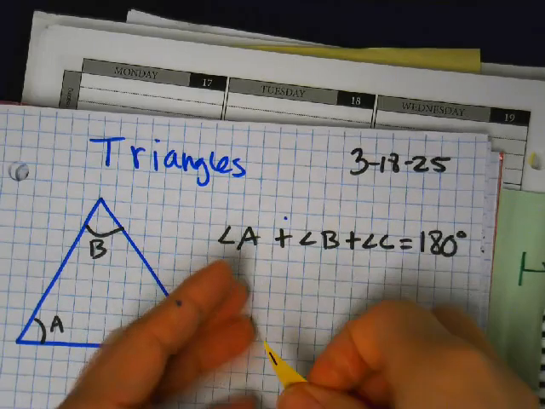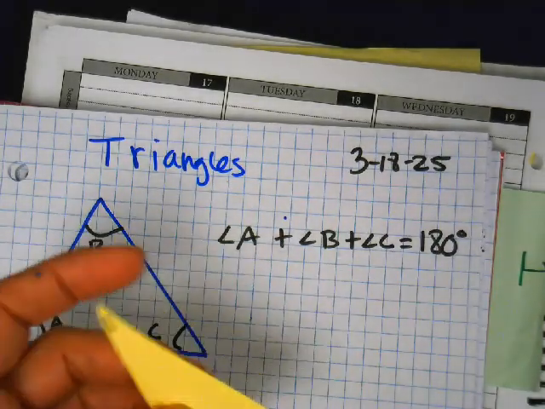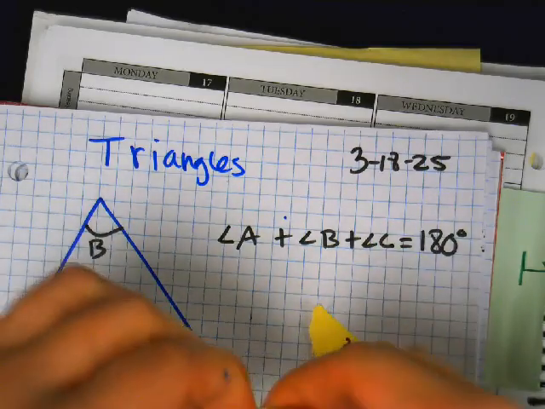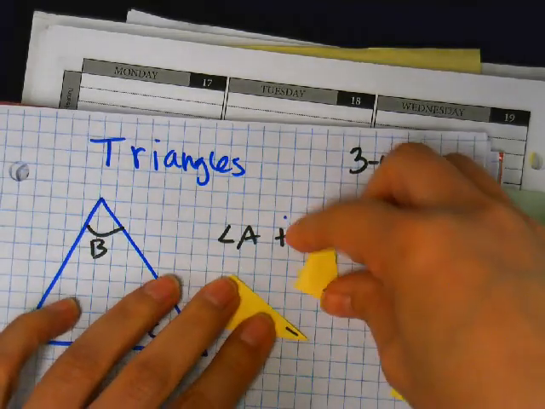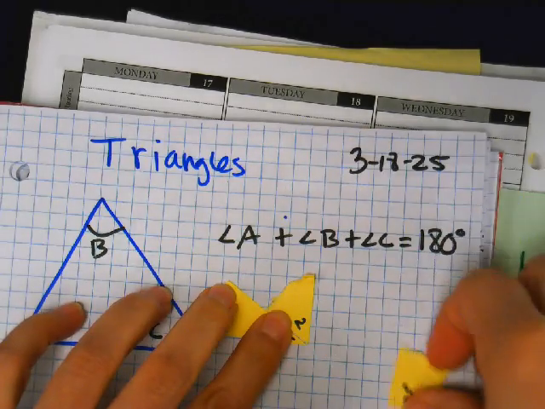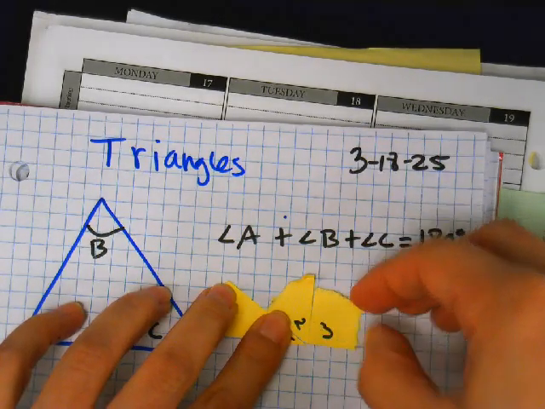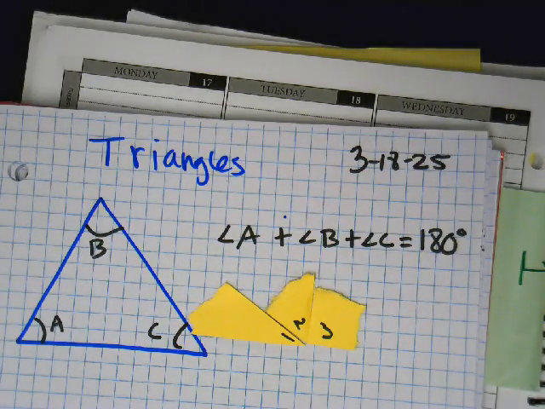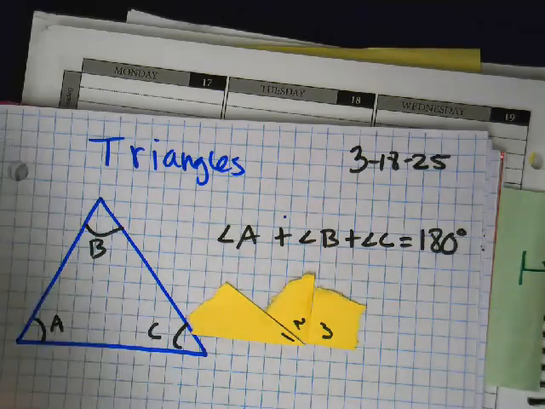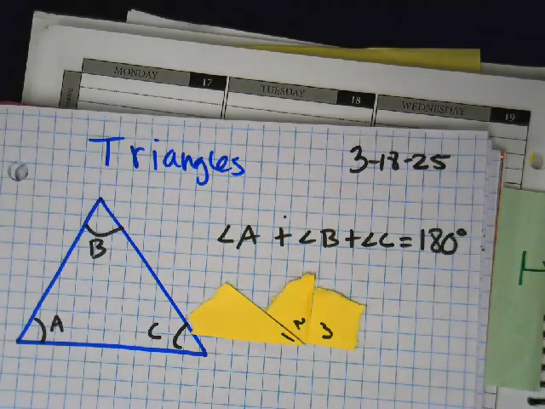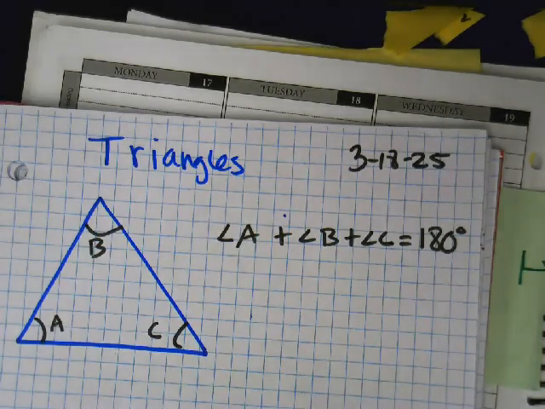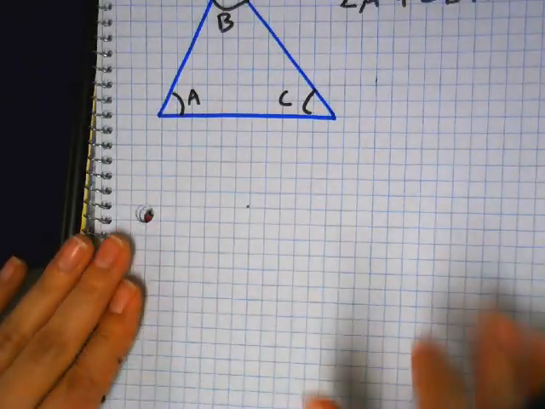And I were to tear off the 3 angles and line them up using my notebook, it creates 180 degrees. So no matter what triangle you're dealing with, if you cut out the angles, it makes a straight 180 degree angle. Okay? So here would be the easiest question they could ask you.